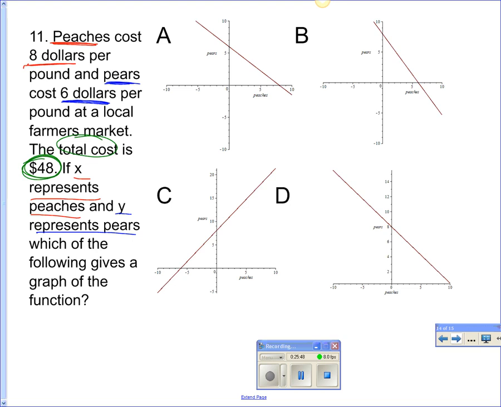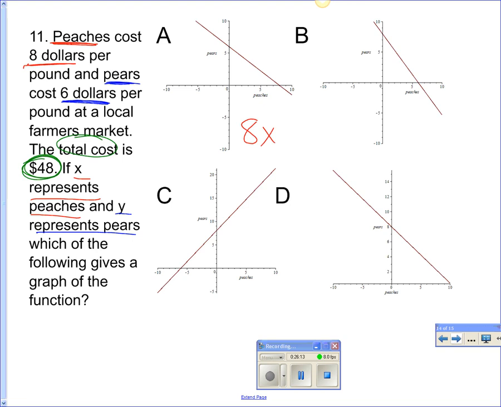So peaches cost 8. What else do you know about peaches? They're X. So look, I'm piecing together information. Peaches are 8 and peaches are X. So what do you think I'm going to put first? 8X. Very good. 8X. So peaches were $8 and peaches are X.